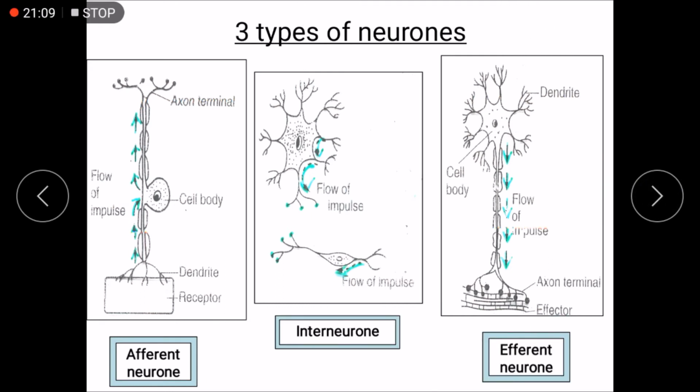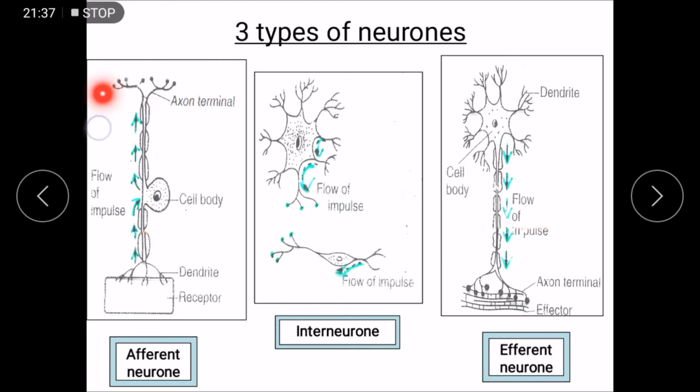Interneuron is shorter, and you have more dendrites on both sides. Inter means you join afferent and efferent. For efferent, you see the cell body is in the middle of the axon, you have one cell body, starting with dendrite and ending with axon terminal.